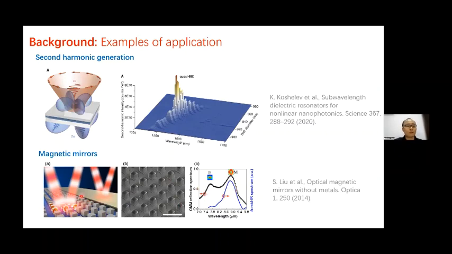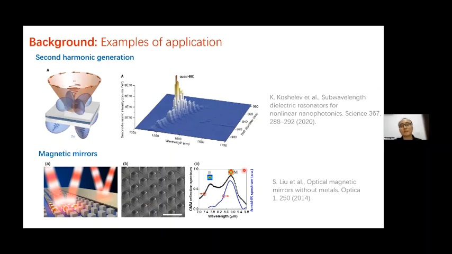As such, the reflected light from this nanoparticle array is in phase with the incident light. This is fundamentally different from the electrical mirror we usually use. In an electrical mirror, the reflected light is out of phase with the incident light at the reflecting surface.